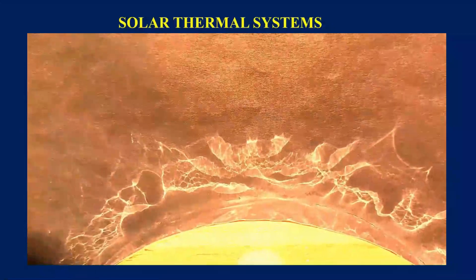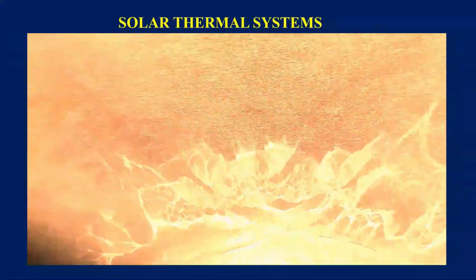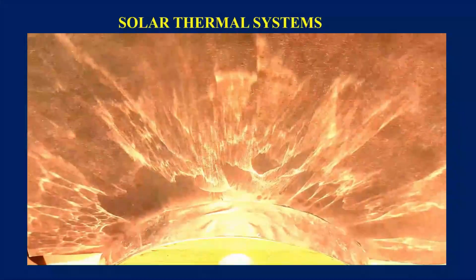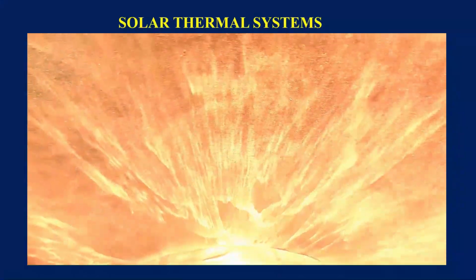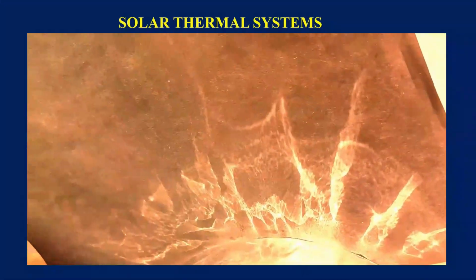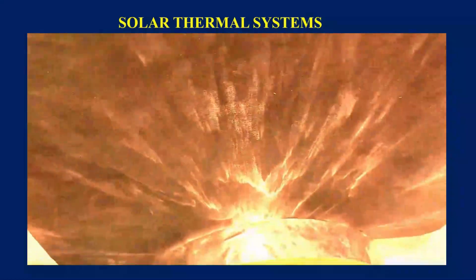Now I am rotating it with some angle. You clearly observe how the radiation is dispersing throughout the surface. So in this way the sun radiation is dispersing from our earth surface.